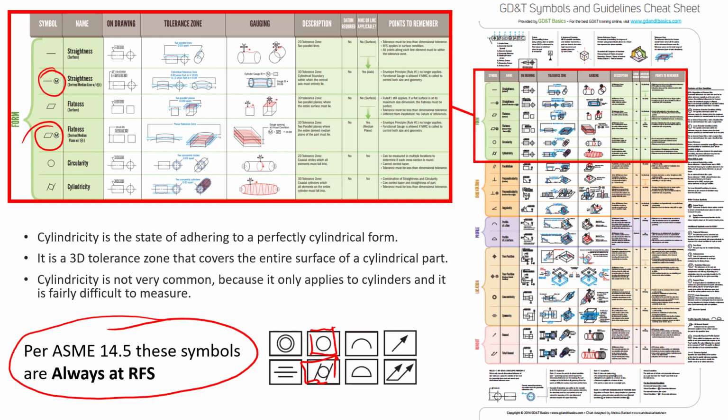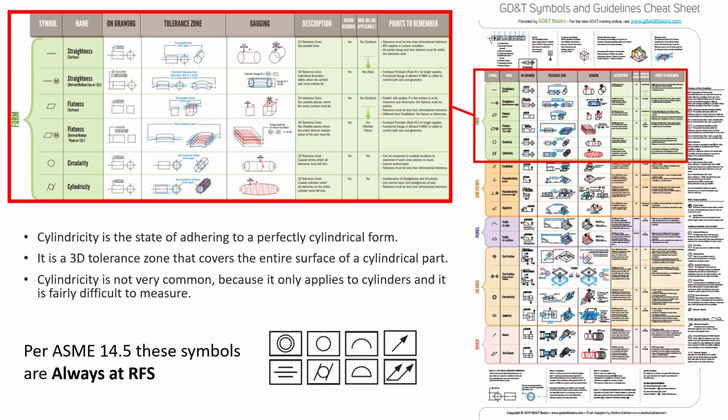And on those two, we can use a modifier, and most often we see those with the maximum material condition modifier. So that's why that statement about always is not included. But when it comes to circularity and cylindricity, they are always at RFS. So we can never use the modifier on these two.